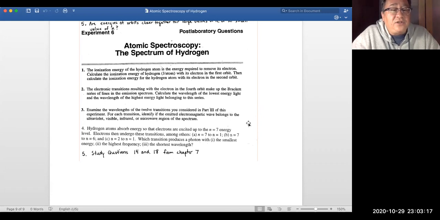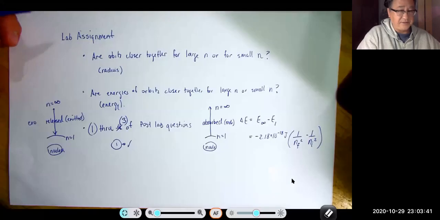And then finally, you want to answer number 4. And actually, we're going to say 1 through 3 of the post-lab questions, and I'm going to tell you why. It turns out that question number 4 is part of your homework assignment. Okay, so that's going to be your lab assignment. I'm going to go back to my other share so you can see what the lab assignment is.